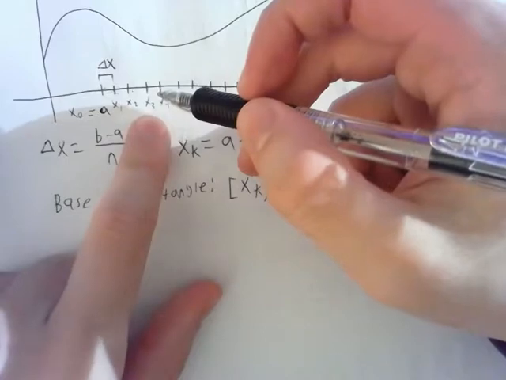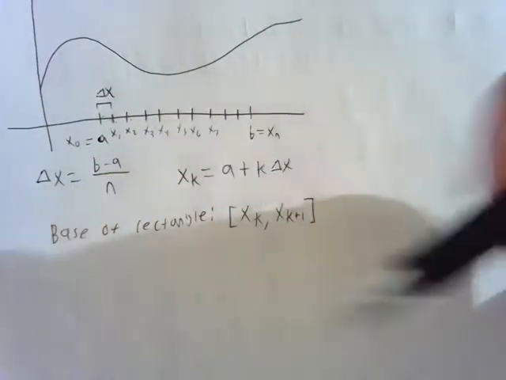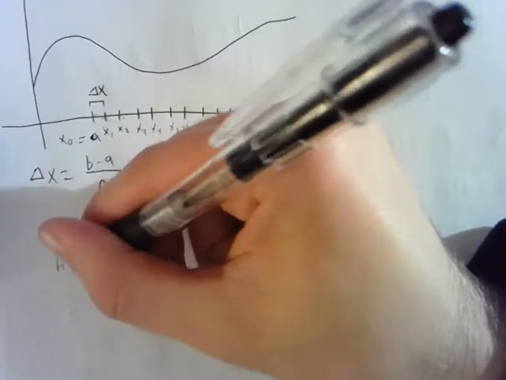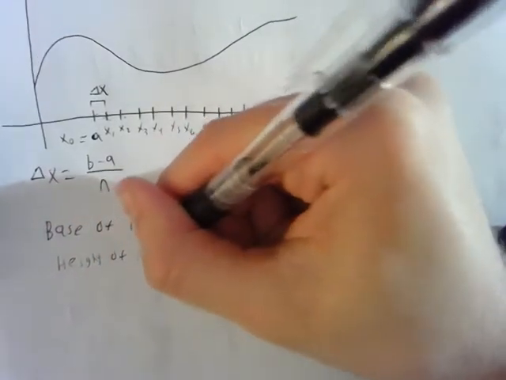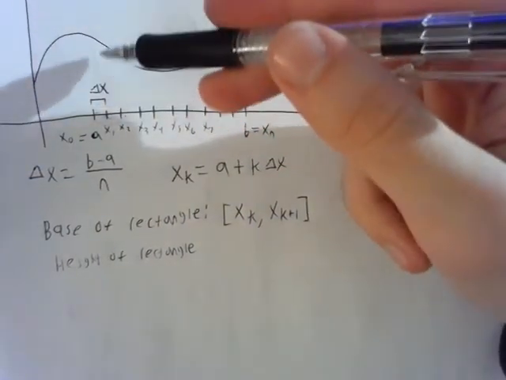Now these rectangles, we now know the dimensions of the base. The question is, what is the dimension of their height going to be? Well, we want it to somehow have something to do with the actual height of the function, so we get an estimate of the area under the curve.